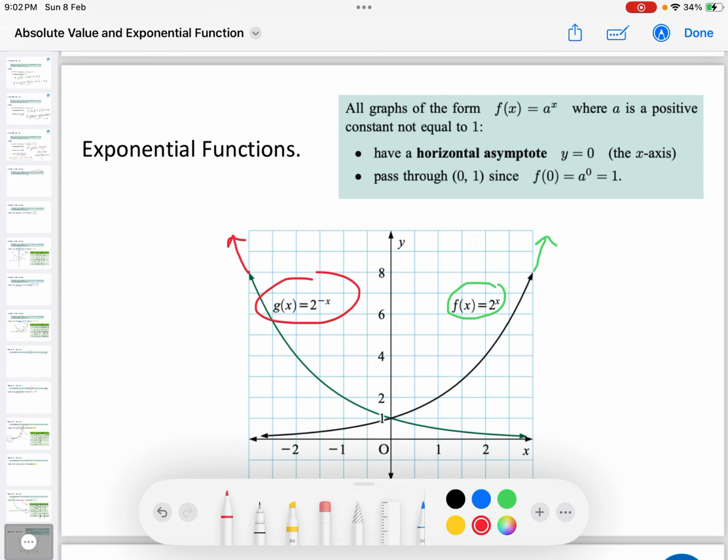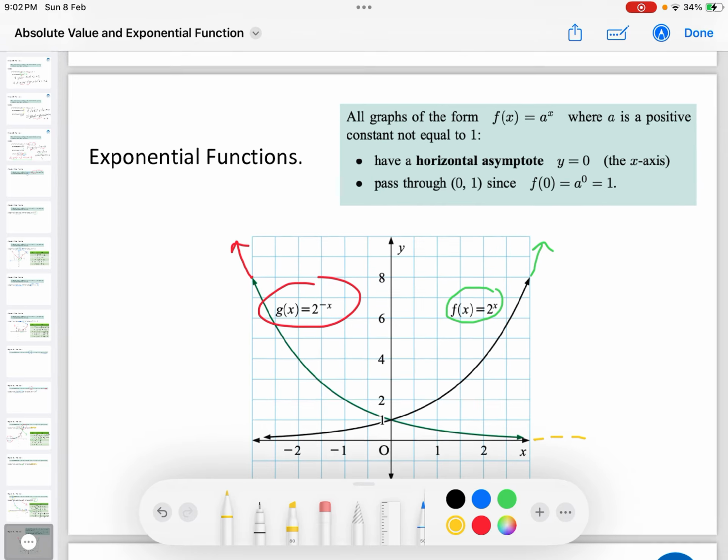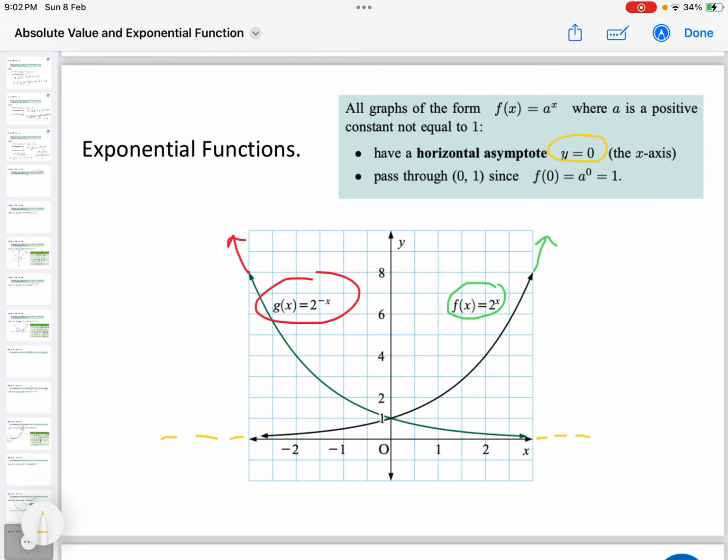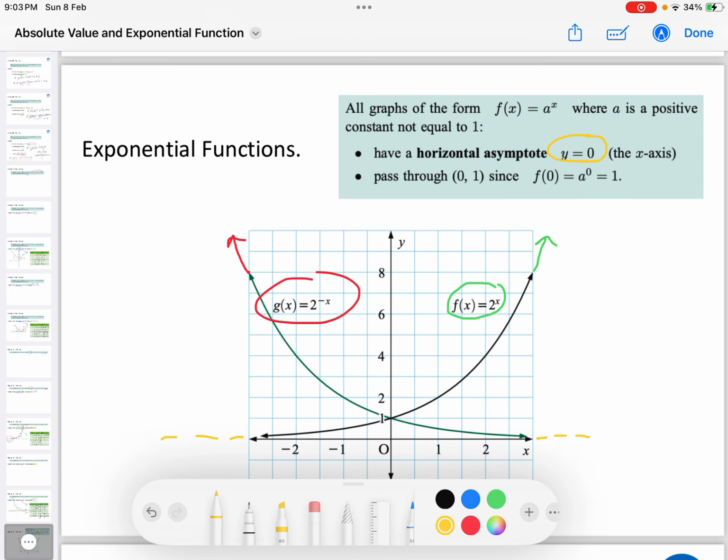It's growing, but to the other side. So one is increasing, the other one is decreasing. But there is information that is shared by both. Take a look that they both have asymptotes on y equals 0. So this is important because the asymptote is present for both. So this is a function that has an asymptote on the x-axis.